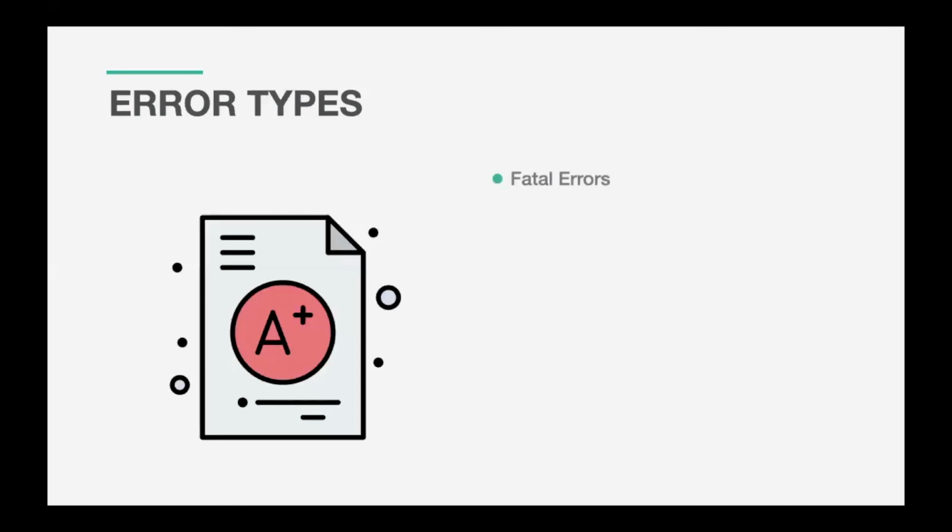We have fatal errors. We have parse errors. These are syntax errors. We have warnings and notices. These are not so much errors as much as just things that you're not quite doing right, and you might want to rethink doing them. And then finally, we have deprecated. Deprecated are most likely functions that you're using that are going to be removed from PHP, so you probably shouldn't be using them anymore.